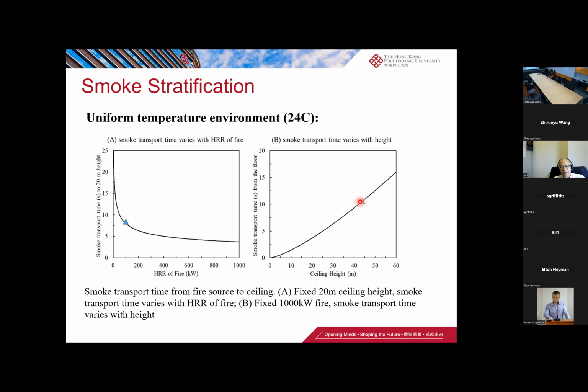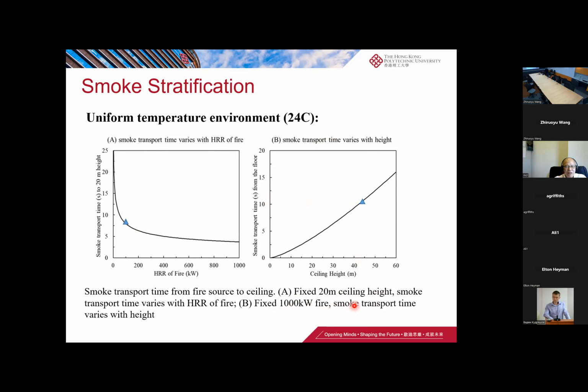The smoke can rise to 45 meters in about 10 seconds for a 1 megawatt fire. So for a 1 megawatt fire in a uniform temperature environment, the smoke can rise to a very, very tall roof easily. So this is for the uniform temperature environment.